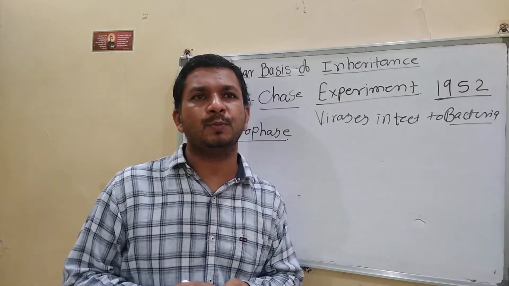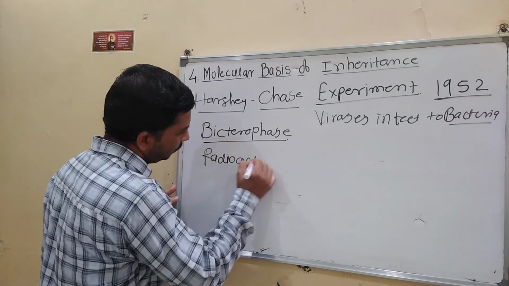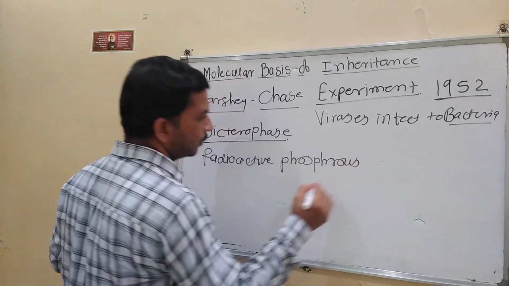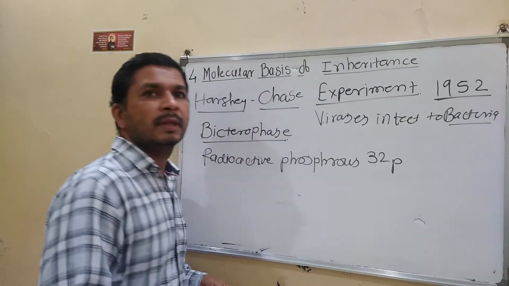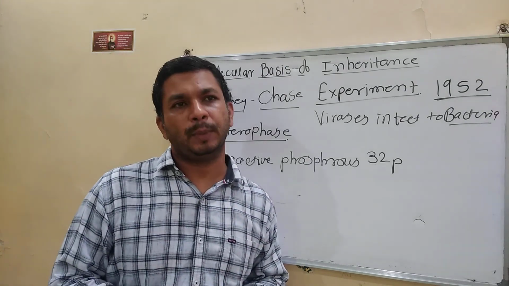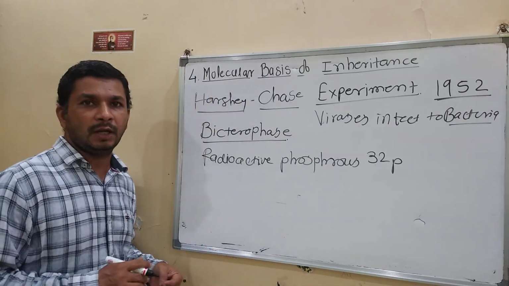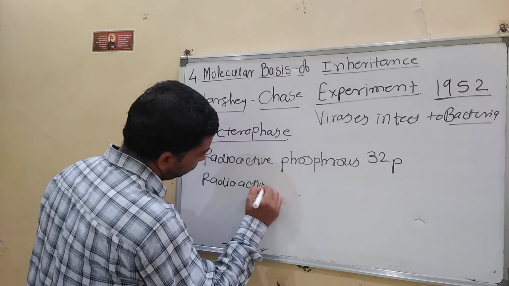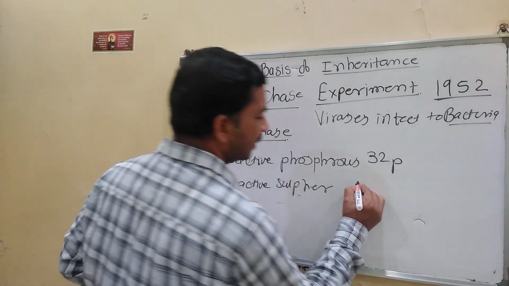They use radioactive phosphorus, that is 32P, in the medium for some viruses, and they also take radioactive sulfur, that is 35S.